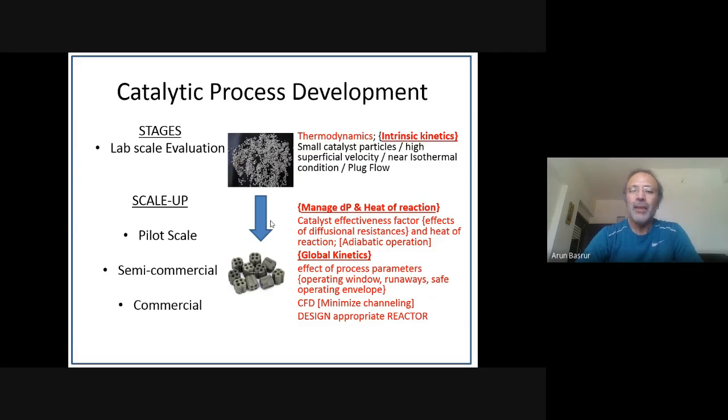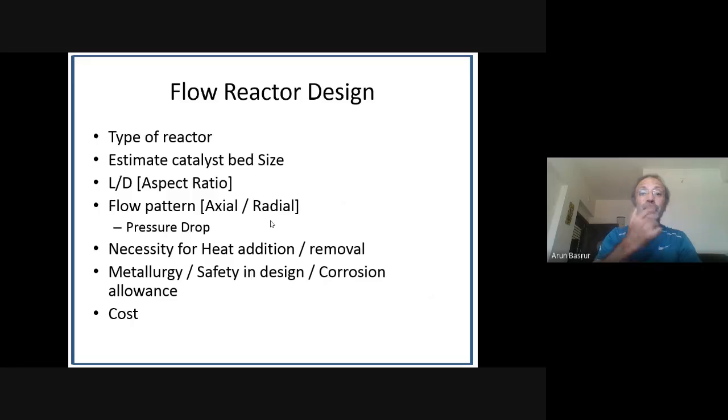After that, once you have the larger catalyst particle, a CFD study to ensure that there is minimum or negligible channeling is also desirable. Having done all this, an engineer has sufficient information now to design an appropriate catalytic reactor.